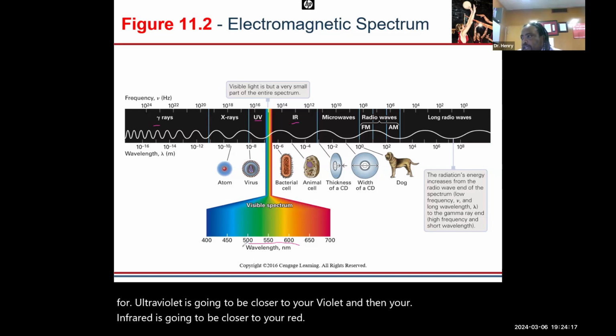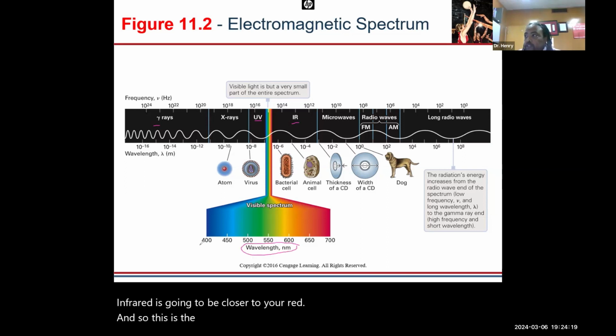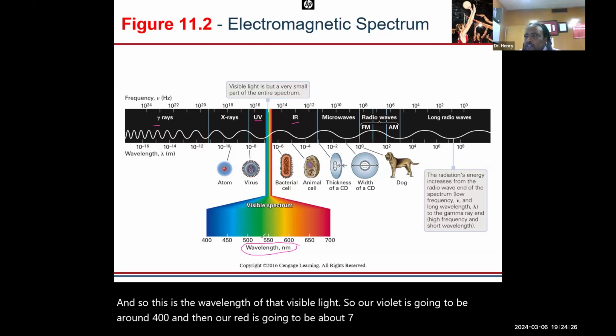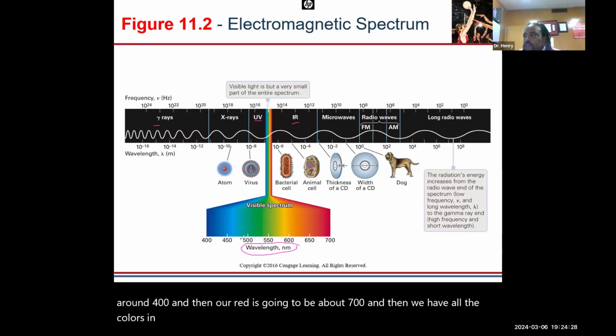This is the wavelength of that visible light. Our violet is going to be around 400, and our red is going to be about 7. We have all the colors in between, and they each represent a different wavelength, which also means they represent a different frequency.